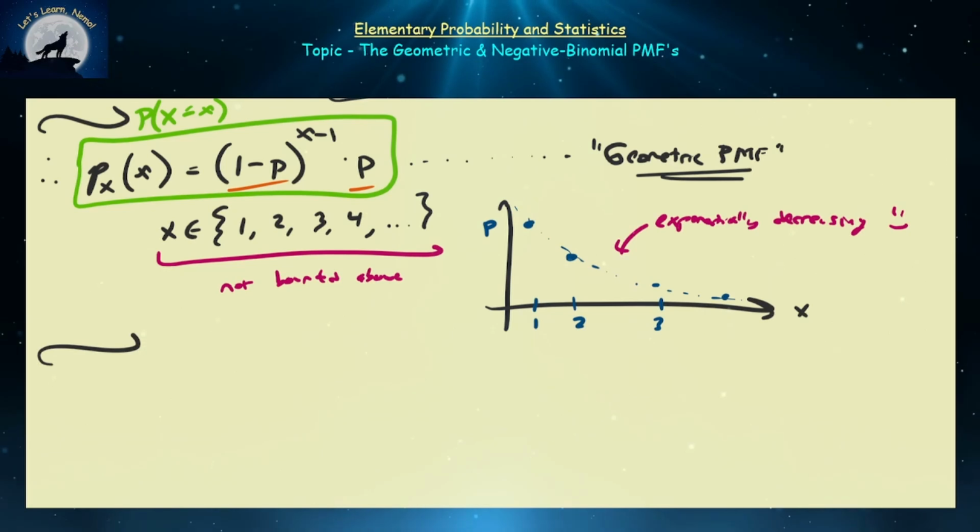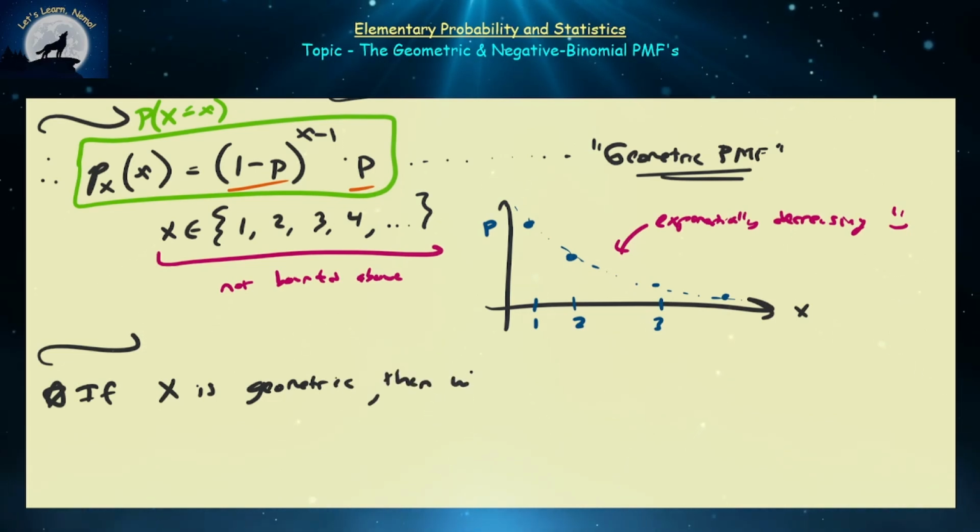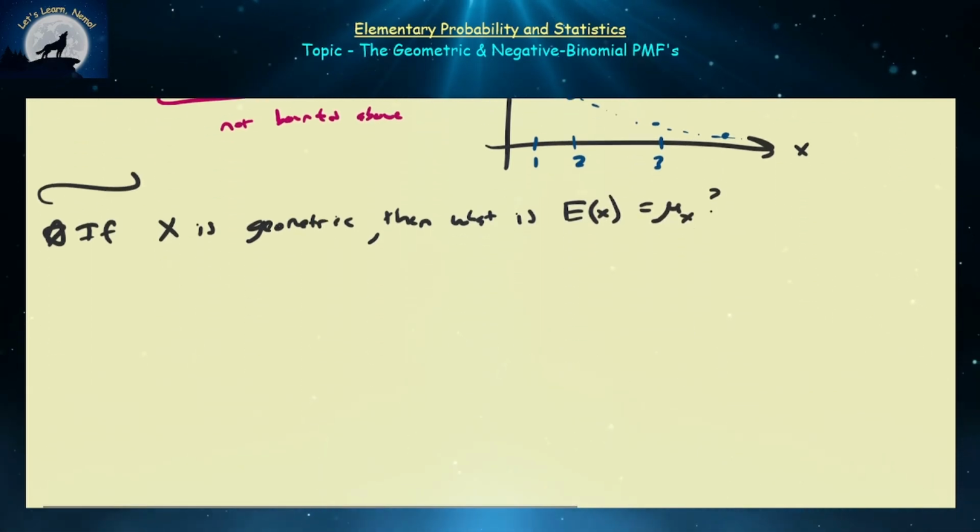How would you find, for example, the expected value, the variance, the standard deviation of this random variable x? Right, so let's formally state this question. So if x is geometric, then what is the expected value of x? Which some people also write the mean of random variable x. So we already know how to find expected values for arbitrary probability mass functions and discrete random variables.